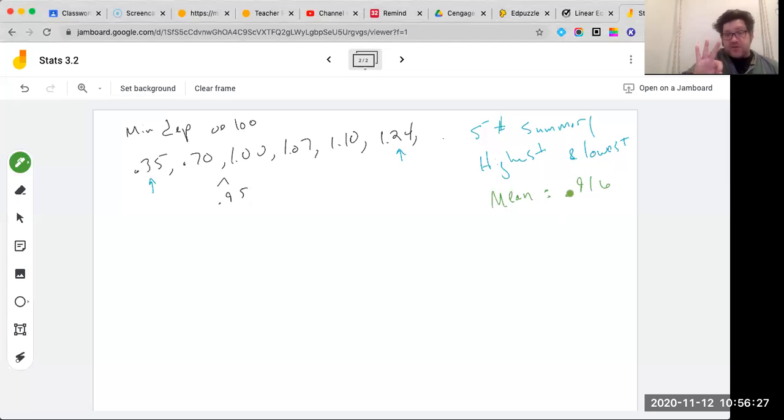Okay, so now I have 3 numbers in my 5-number summary. The last 2 numbers are P25 and P75. Remember, that was the second quartile and the third quartile. The formula for the quartiles was NK over 100, where N equals the number of numbers and K equals this number, PK.